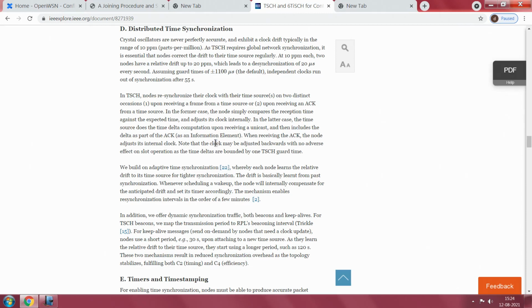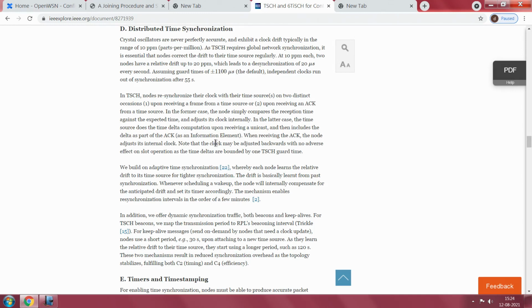You can simply compare the reception time against the expected time and adjust the clock, and in the last case the time source does the time delta computation upon receiving a unicast, and then includes the delta as part of the ACK, and that ACK is essentially another IE, as it is called, sent as part of the information element ACK.